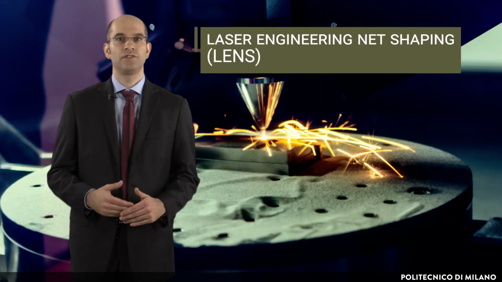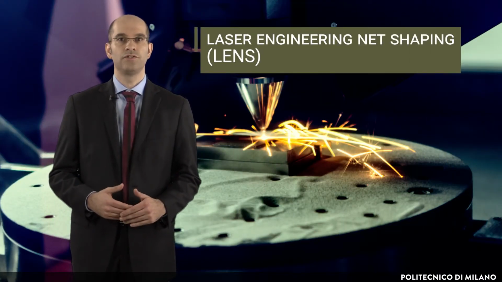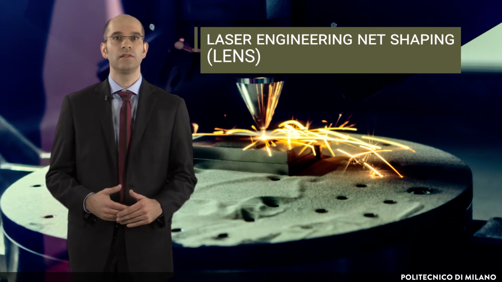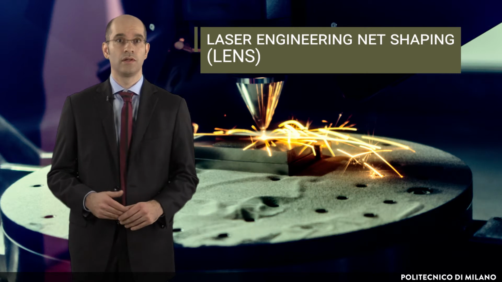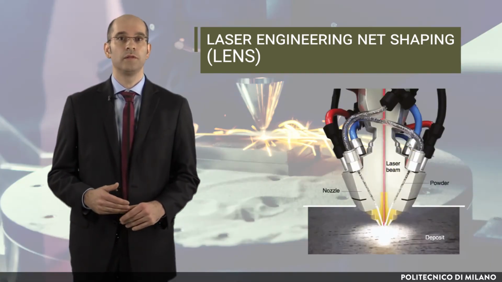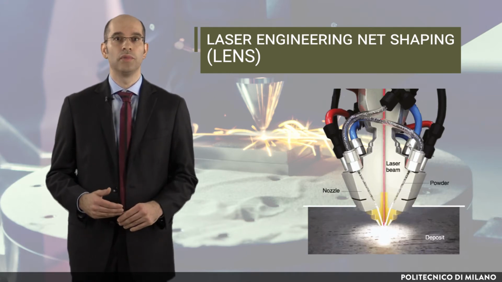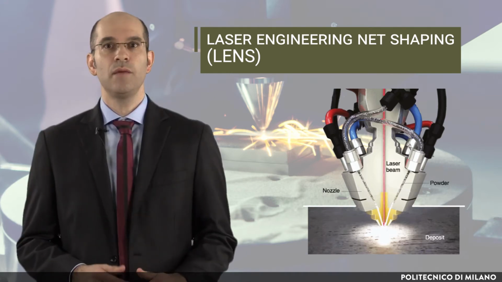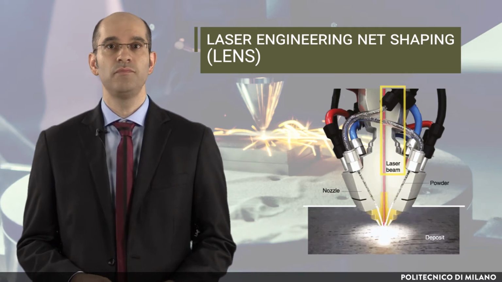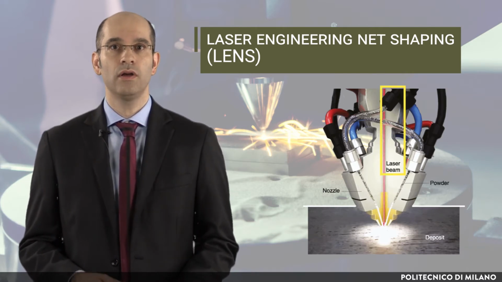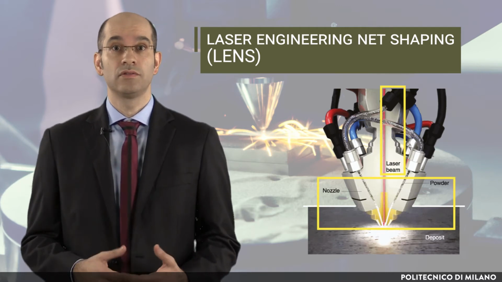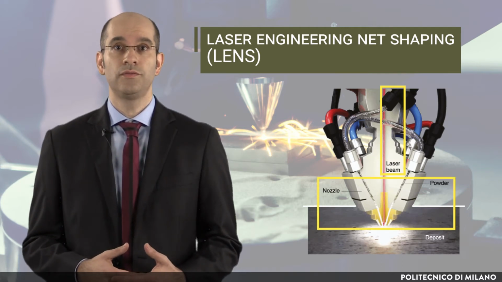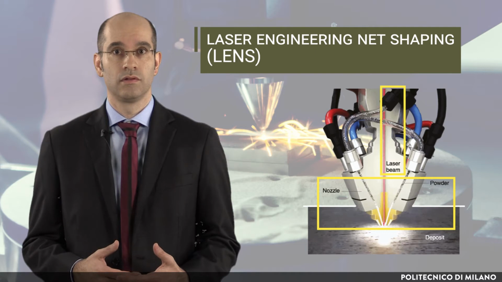Laser engineering net shaping is a directed energy deposition process that uses an injected metal powder flow as feedstock, along with a laser energy source, to melt and deposit the material on the top of a substrate. In a building chamber, a laser beam focuses on a point on the building platform, and at the same time, metal powder is injected to the point through a powder nozzle.